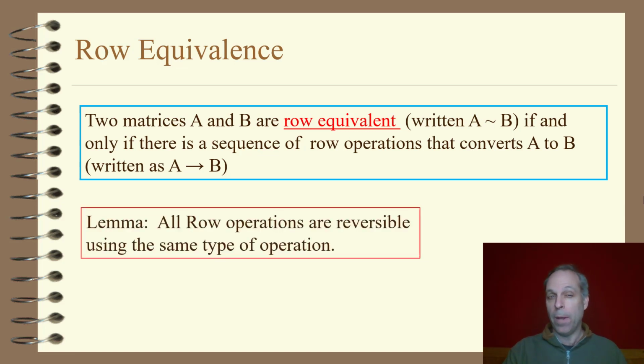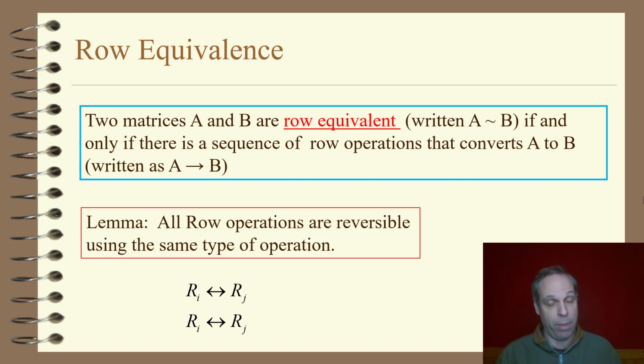Now, hopefully it seems reasonable to you that every single row operation is reversible. That you can go from a matrix, do one row operation to get to a new matrix, and then use sort of the inverse row operation to go back. You just use the exact same row operation, but sort of like its inverse version. So if you swap two rows, i and j, you can then just swap them back, and you're right back to the original matrix.